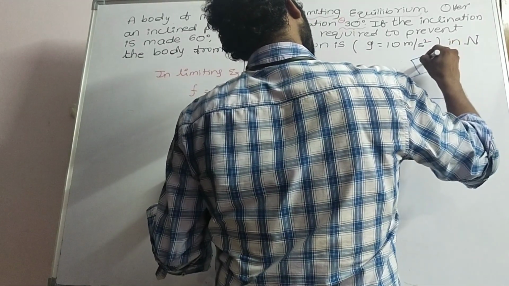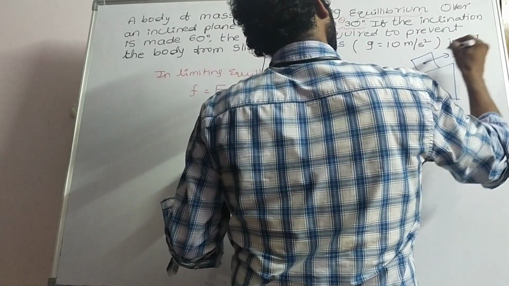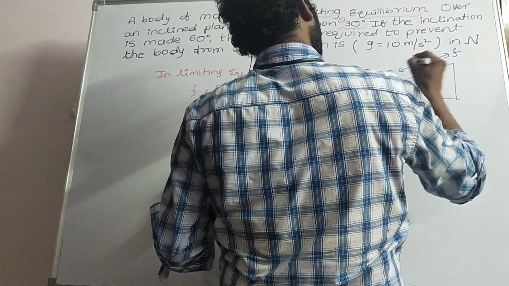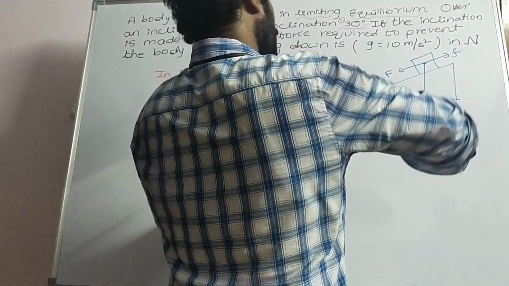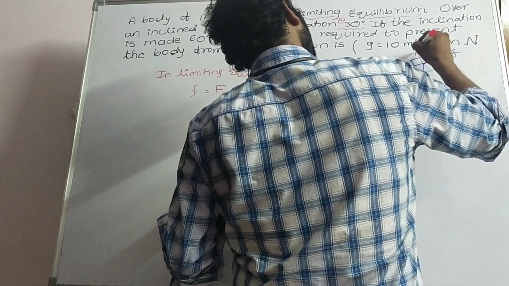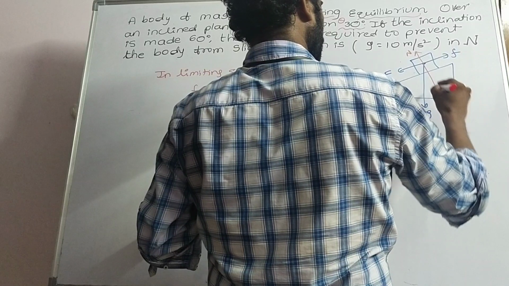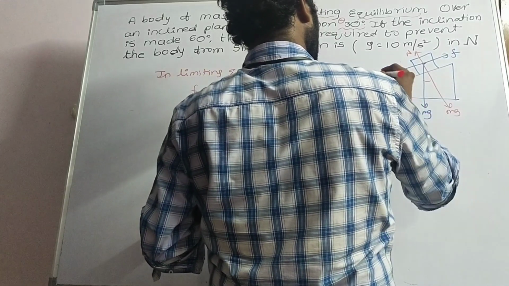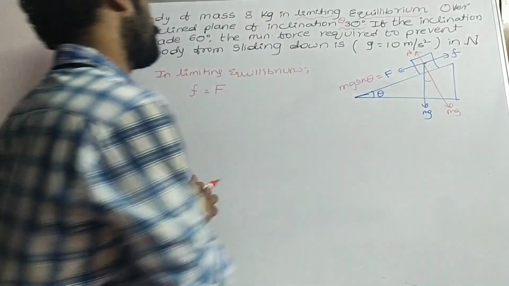Then frictional force will be acting like this. We know mg acts in the downward direction, and normal reaction perpendicular to the surface of contact. This is mg cos theta. And here F is nothing but mg sin theta.